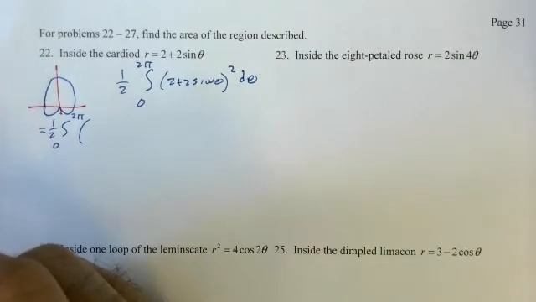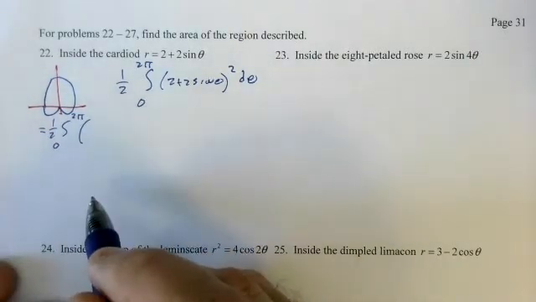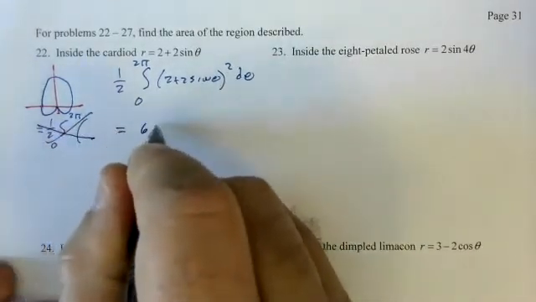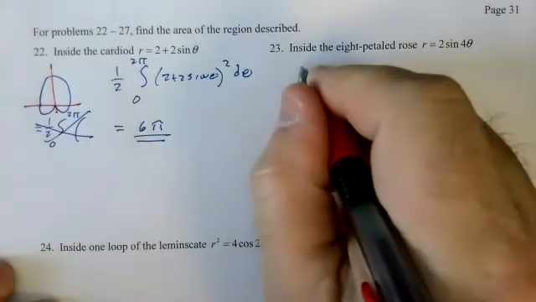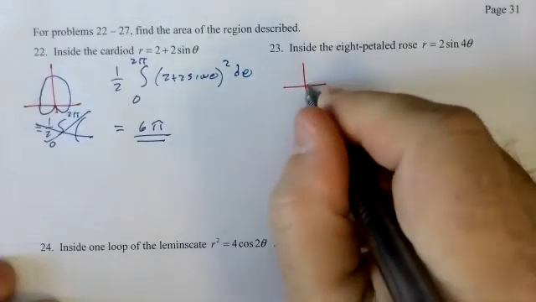I don't even know what I just did. I simplified this thing somehow. I would have multiplied this out and seen where it takes me. Looks like I used a reduction formula, so I'm not going to do that. When you're done, you should get 6 pi. And I would just use a calculator. Inside the 8 petaled rose. And this one, kind of good to see.